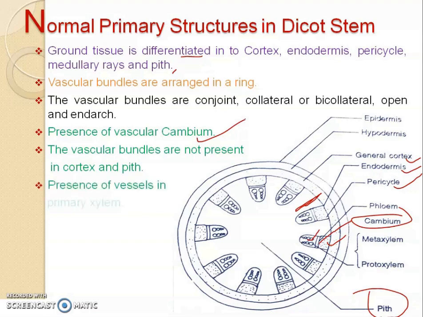Presence of vessels in primary xylem is also a characteristic feature of a dicot stem or angiospermic plant, in which vessels are present in the xylem. Then presence of monostelic condition. Monostele means a single stele is always present in a dicot stem.